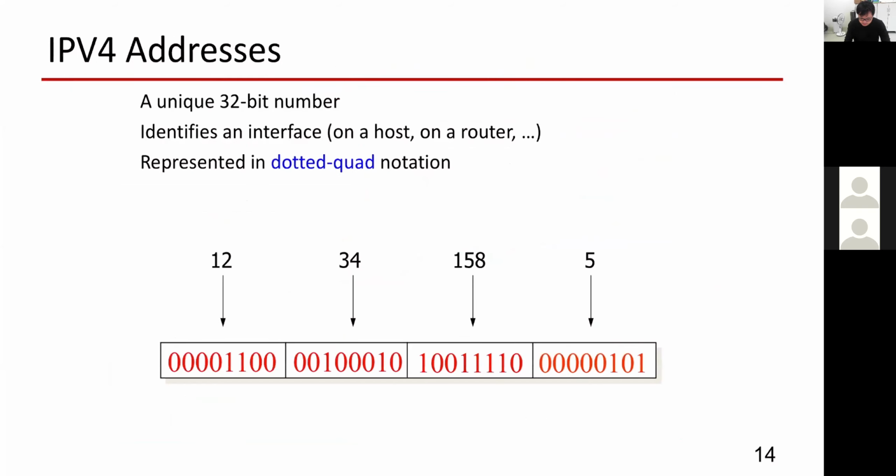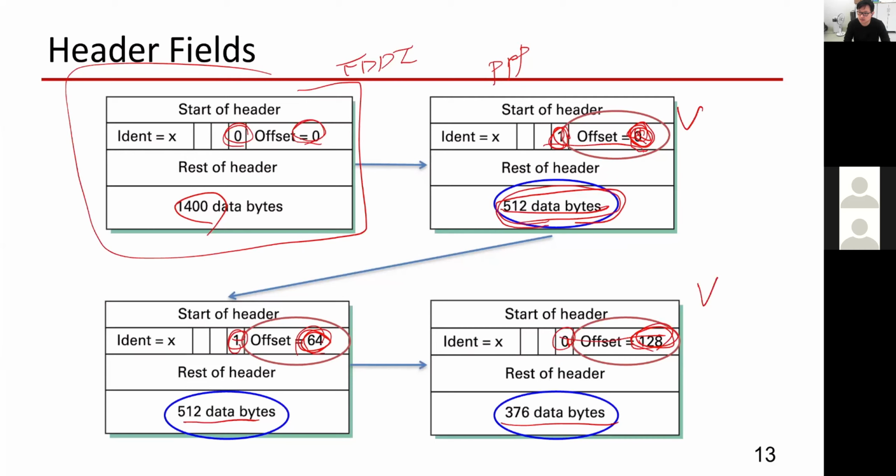In the fragmentation and reassembly, the receiver consecutively receives these three: 1, 2, 3, then starts decoding. Okay, I am the start. Okay, I start to open it. Oh, there's a following. Okay, I didn't close it.